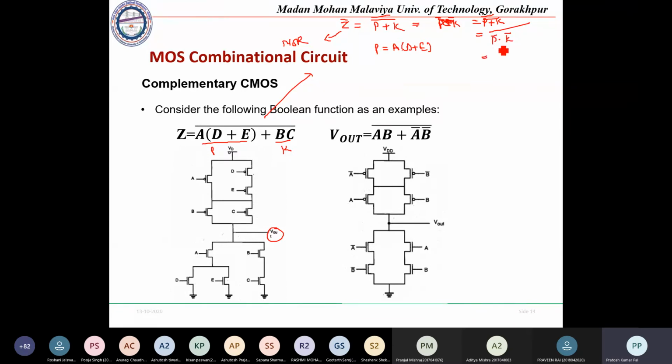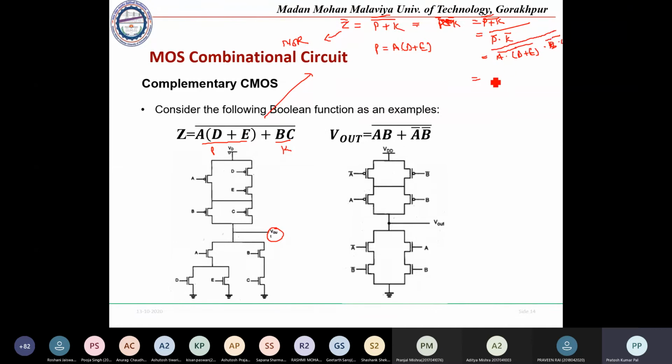Okay, so P is this one, and dot K bar. Okay, so sorry, K is your B and C. Okay, so again we will be breaking it further, and one more bar is there on the board.